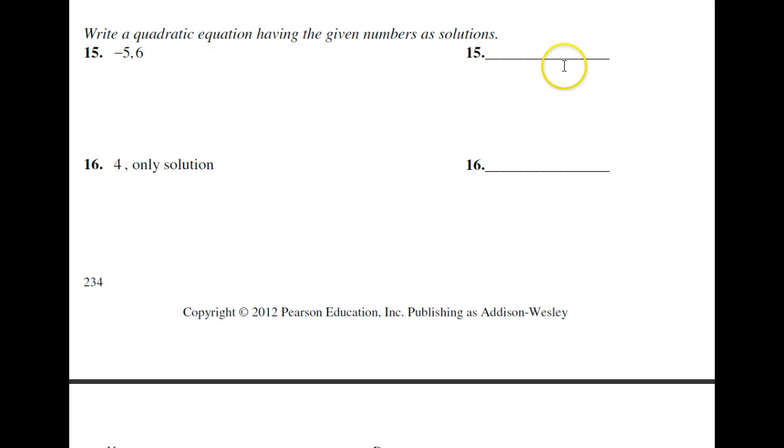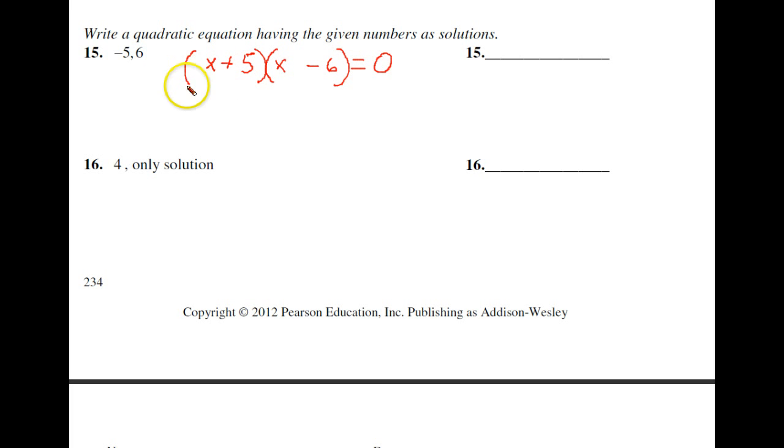Again, there's different ways to do it. Now we know it's going to be opposite signs, so this is going to be a 5, and this is going to be a -6. And we have our x here.